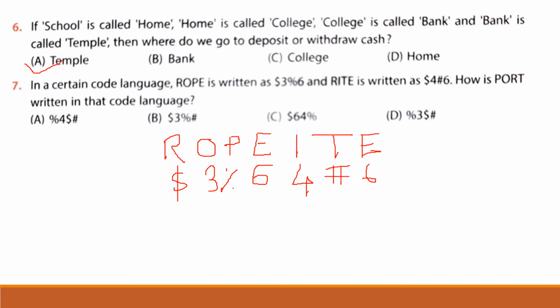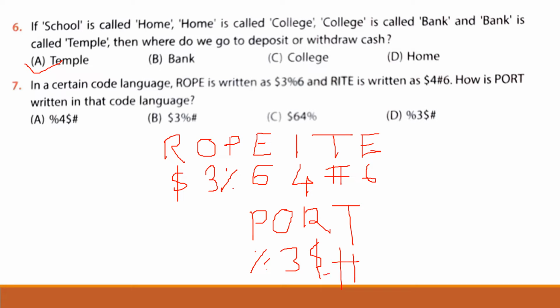So now here the question is PORT. P-O-R-T. So below the alphabets, whatever code is written, that you have to just write. So P is percentage, O is 3, R is dollar, and T is hash.